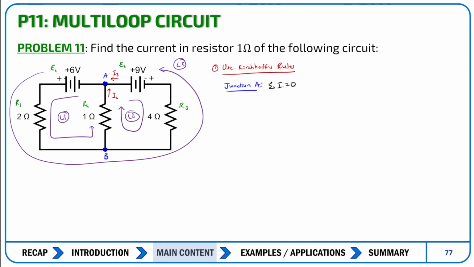And then for the next one, I have I1. So overall, it looks like I have I2 plus I3 minus I1 is equal to 0. We're going to call this equation A.